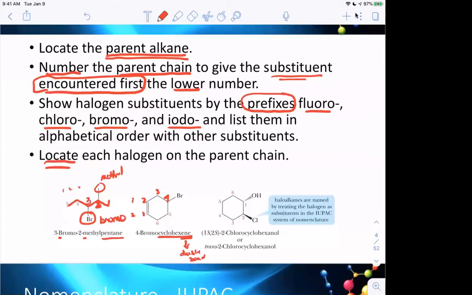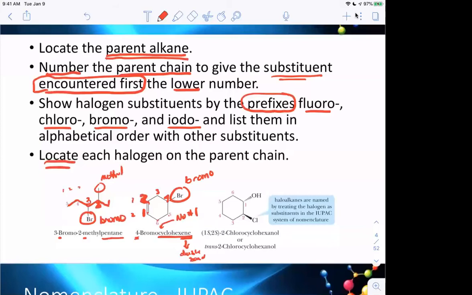If I go the other direction, 1, 2, 3, 4, 5, I have a higher number for bromine. So I'm going to make this carbon number 1 and this carbon number 2. Notice I don't have to add the 1, because I know by the nomenclature rules that the double bond is 1 and 2. And then I can just count and put the location of the bromo as a 4, and then add the prefix bromo to indicate I have a bromide. Right, so this is my bromo substituent.